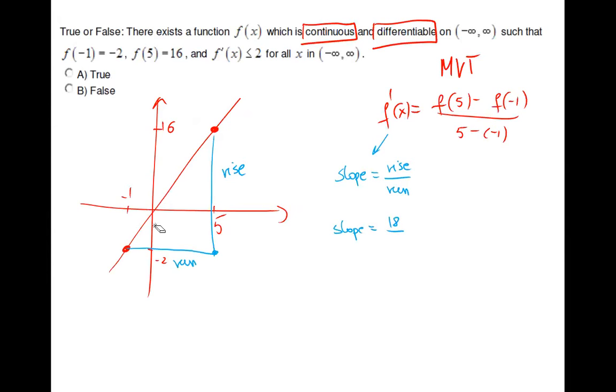And what's the horizontal distance between -1 and 5? 6. So the slope is 3. And the slope is supposed to be less than 2. That means this is definitely false. We don't have such a function. When you compute this, you will also get 3. That's the same thing. False.